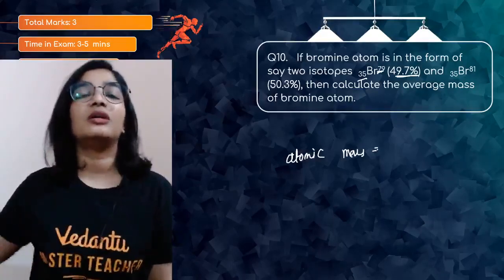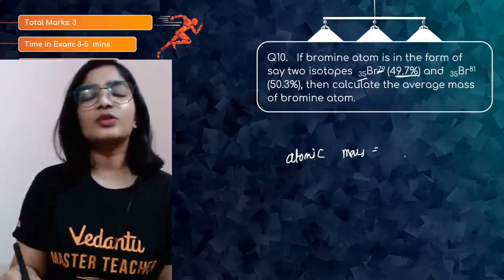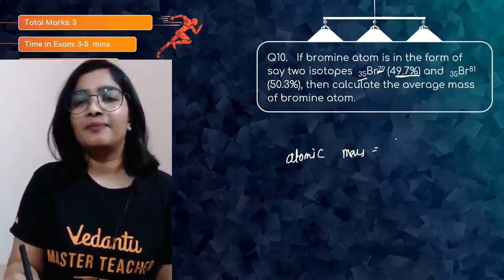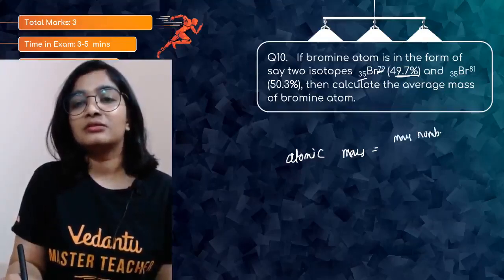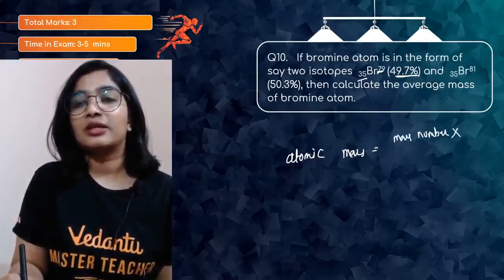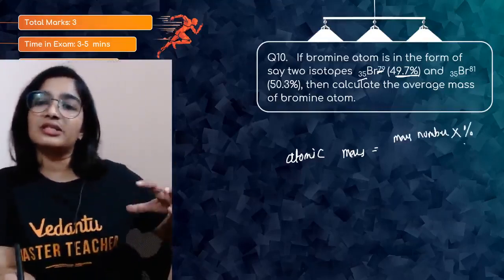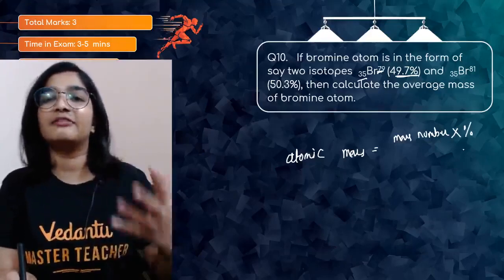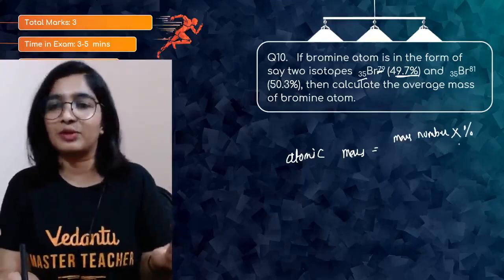Therefore the average atomic mass of bromine is equal to the mass number into percentage abundance. We don't want the percentage, so you divide it by 100. If they have given the ratio 3:1, 2:3 and all that, then you don't have to worry about it.